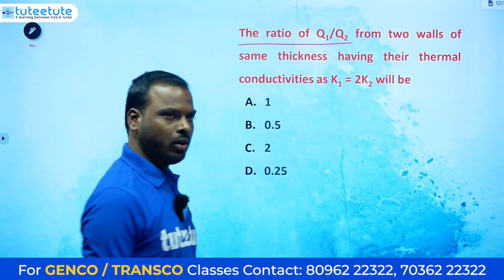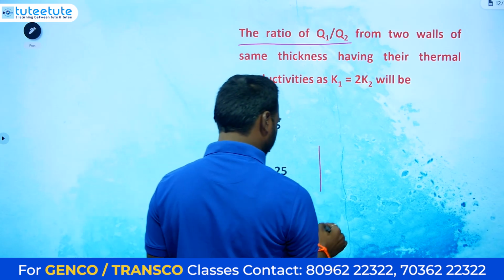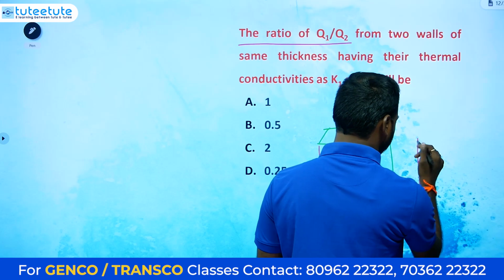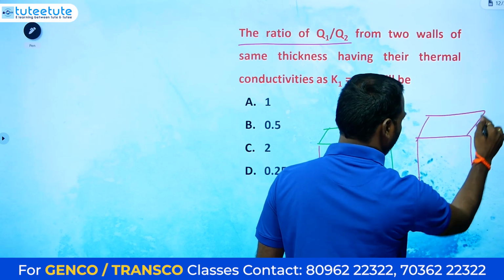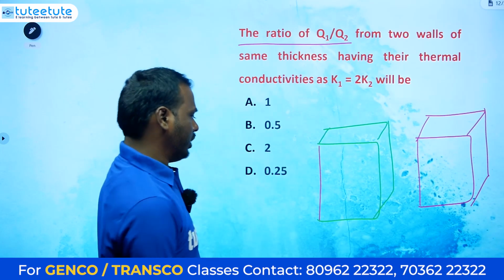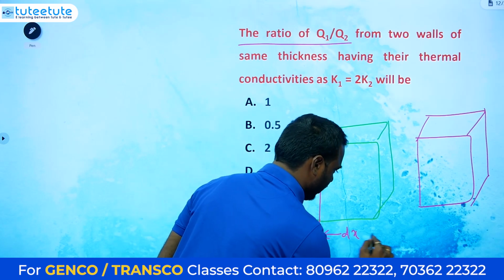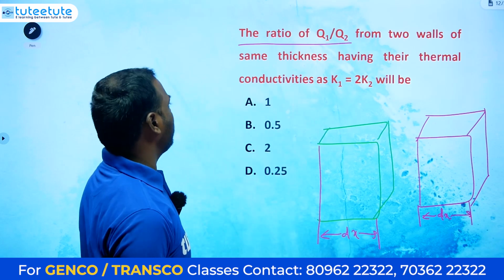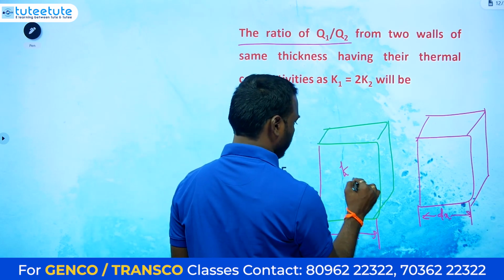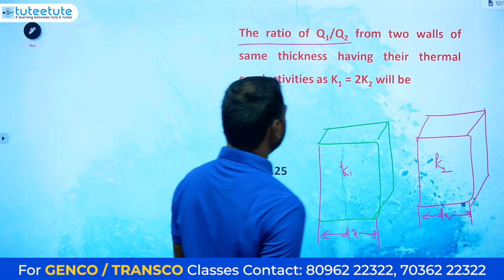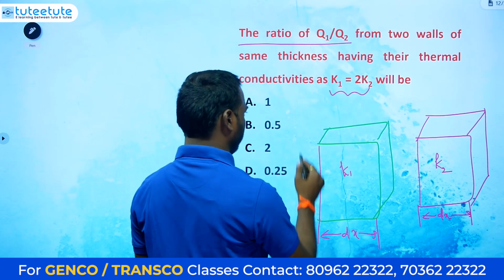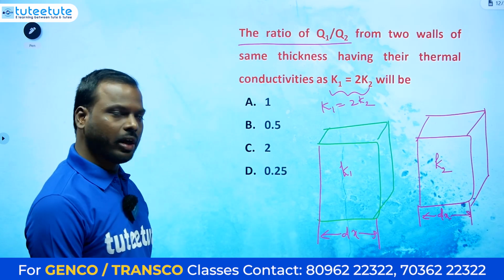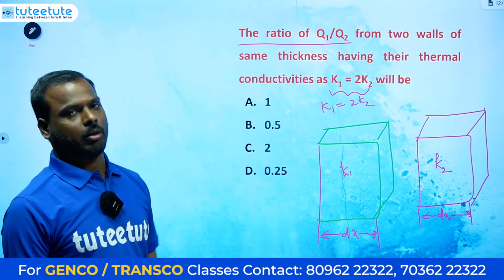One wall is like this and another wall is like this, with the same thickness dx. They have thermal conductivities K1 and K2, and it is given that K1 is equal to 2K2. Of course the area is not given, but I am taking the same area.